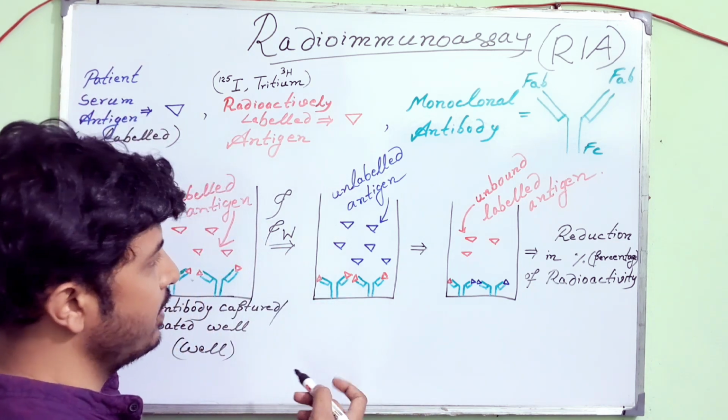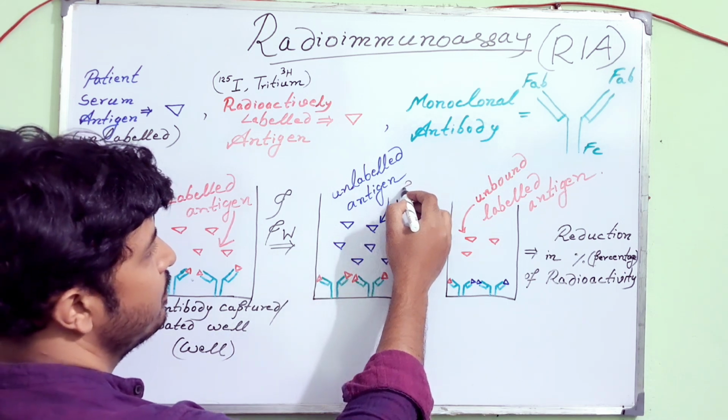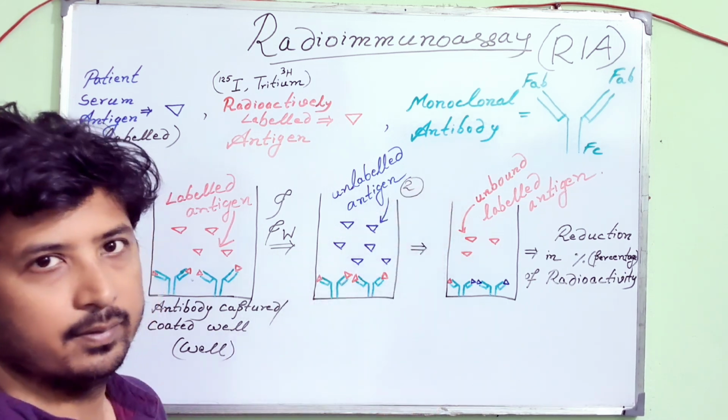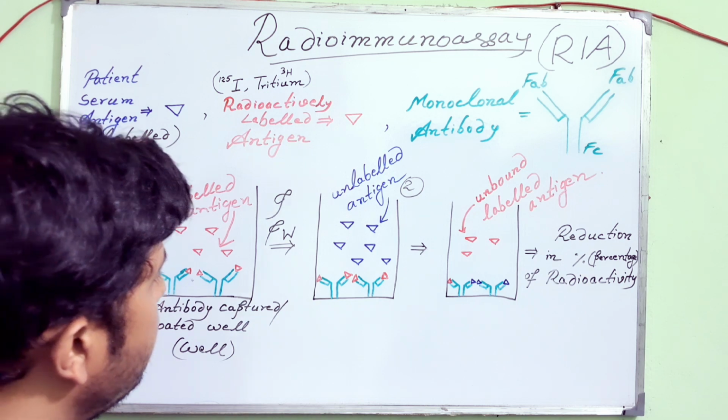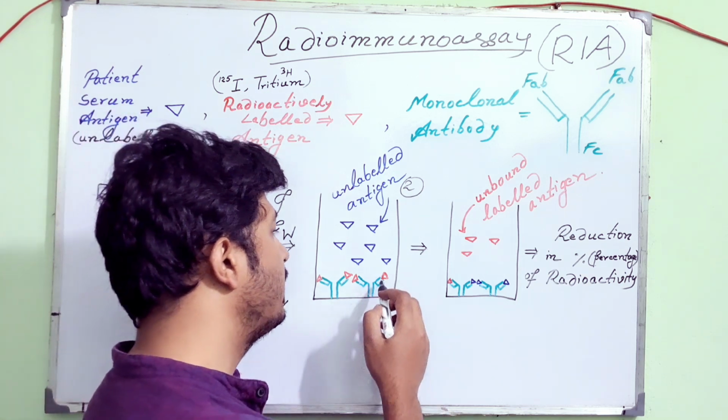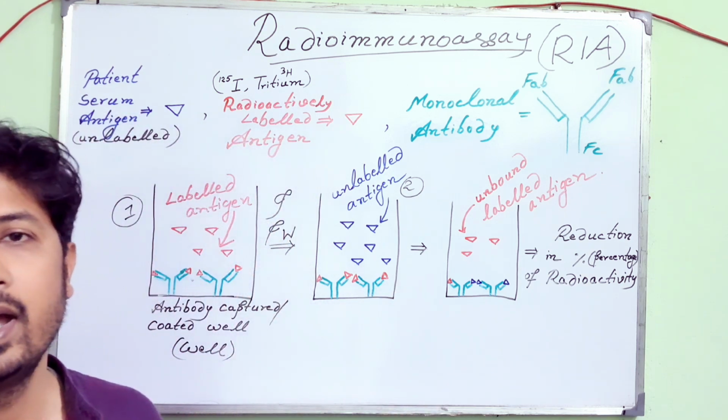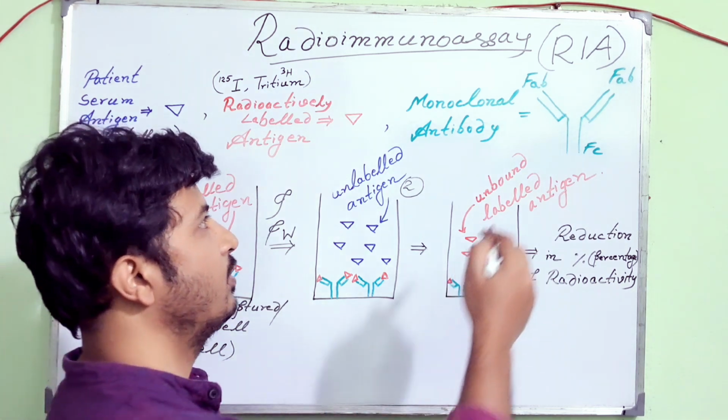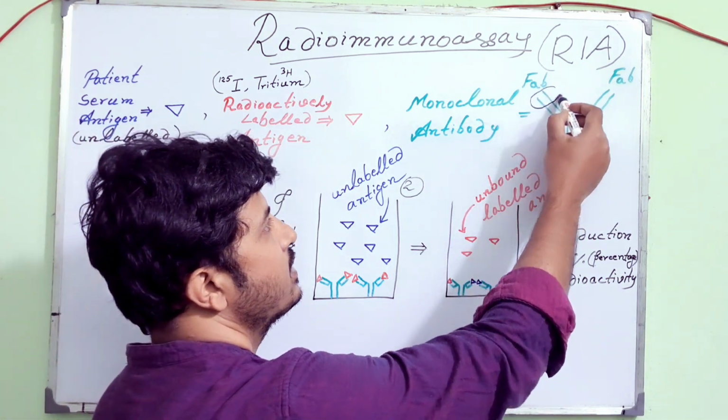In the next step, you will be adding step 2, unlabeled antigen. Unlabeled antigen now will compete with the radioactively labeled antigen for the fragment of antigen binding sites.